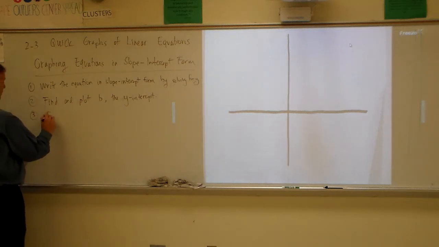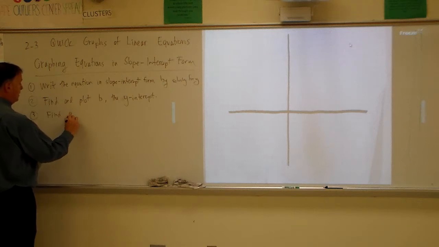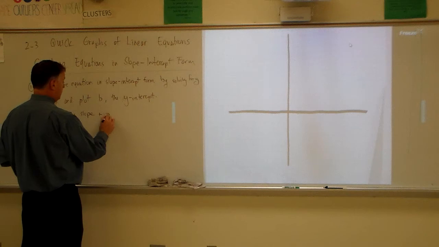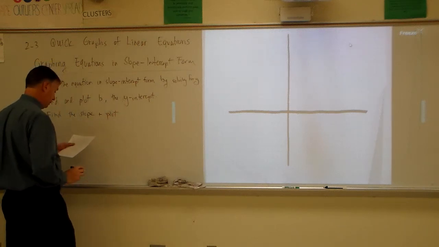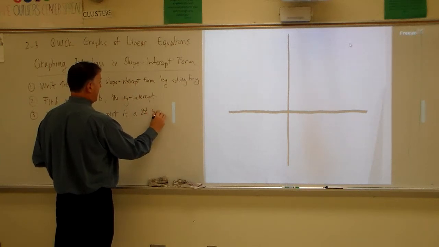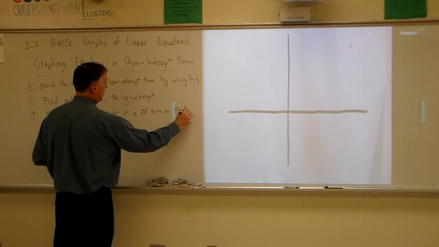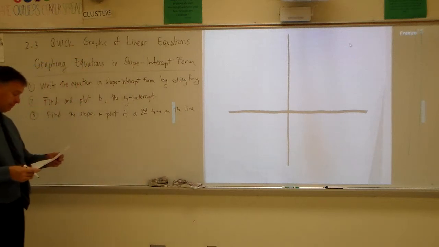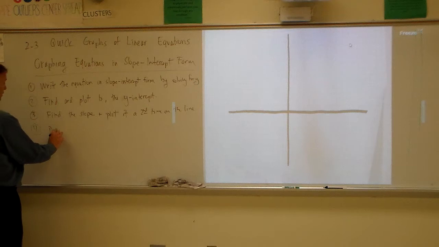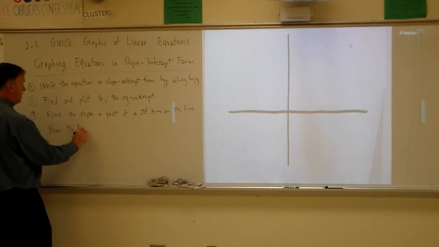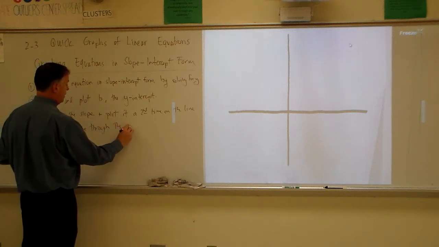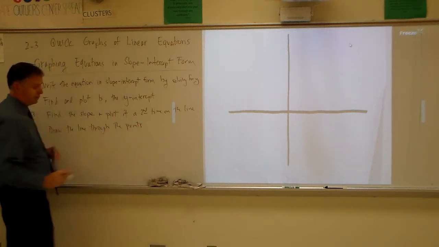Step 3, find the slope and plot it a second time on the line. And I'll show you how to do that in a minute. And then step 4, draw the line through the points.